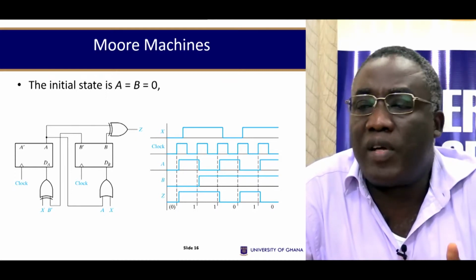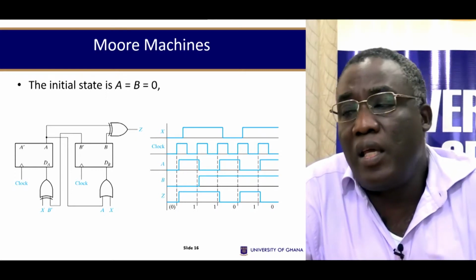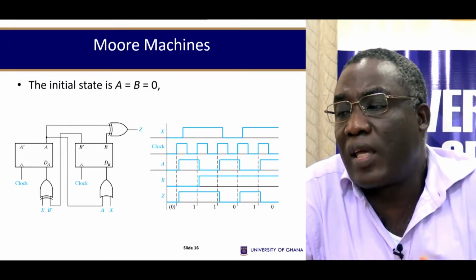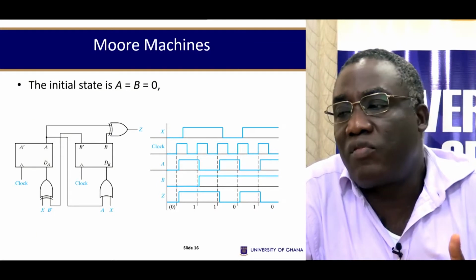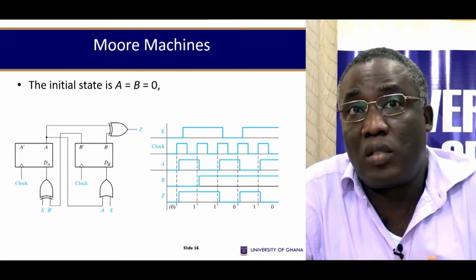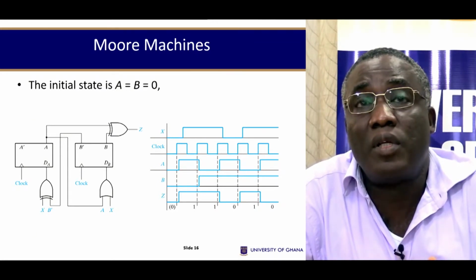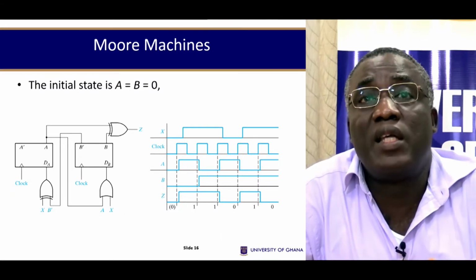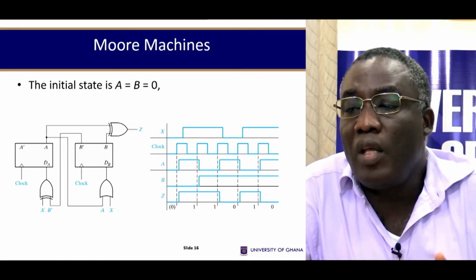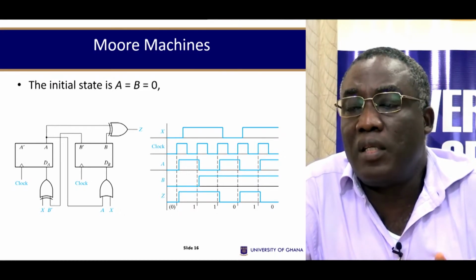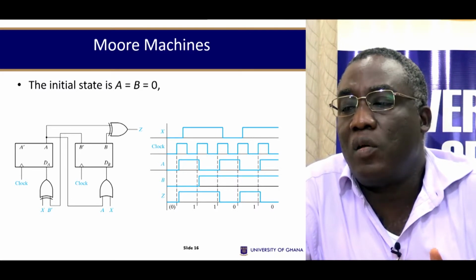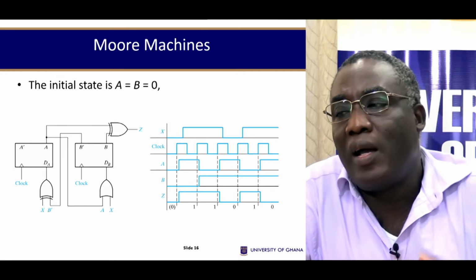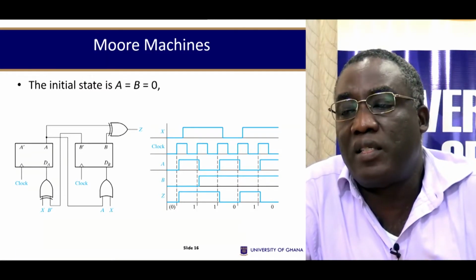So in this circuit, for example, the initial state is A equals B equals 0, and all the state changes occur after the rising edge of the clock, as is seen in the timing diagram. So the changes will occur after the rising edge. The input is synchronized with the clock so that it assumes the next value after each rising edge.